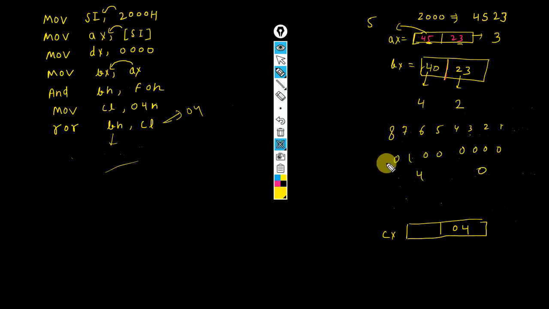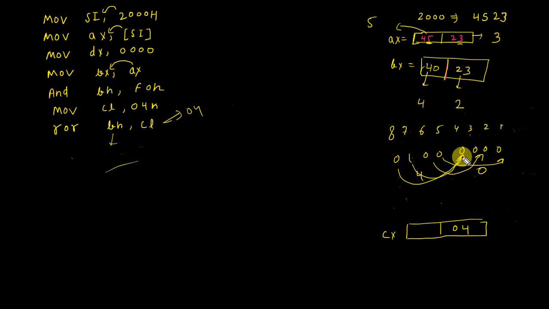When we rotate these bits 4 times, this 0 is placed into this location, and this 0 into this location, and this 1 into this location, and this 0 into this location.